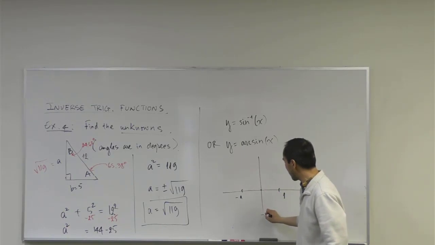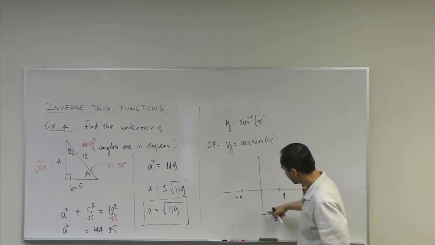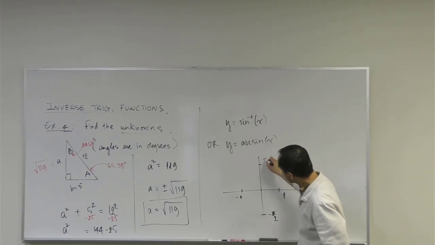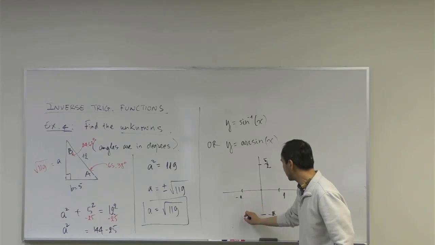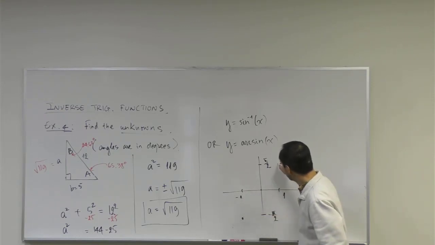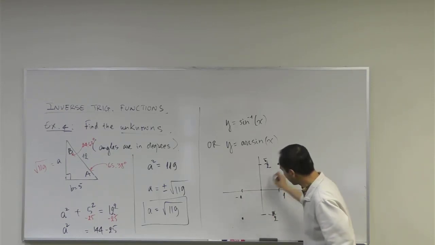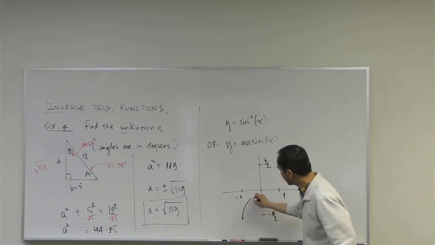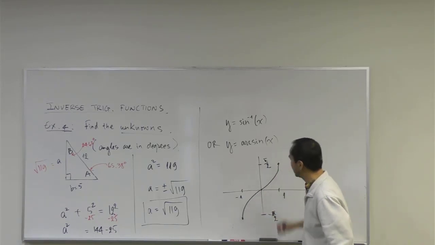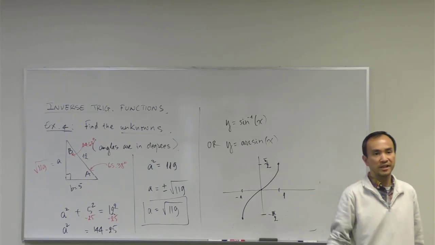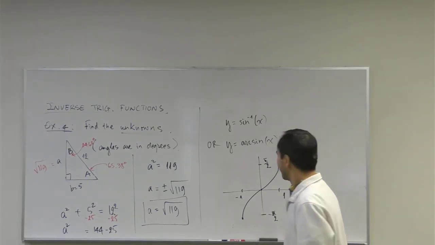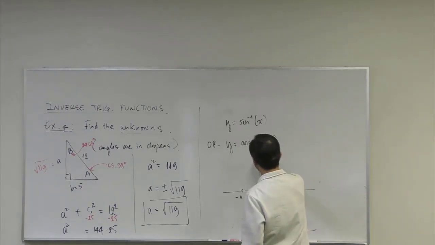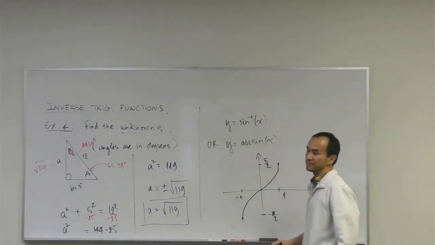Picking the scale, we could call the bottom here -pi/2, and the top, the same distance, +pi/2. So it goes one way up, but it doesn't go straight up like that. It goes like this, a bent shape. That's simply it, your sine inverse of x, one easy fundamental picture like that.